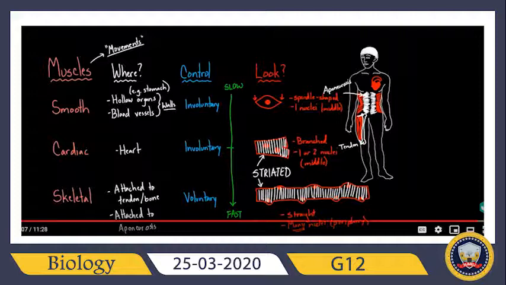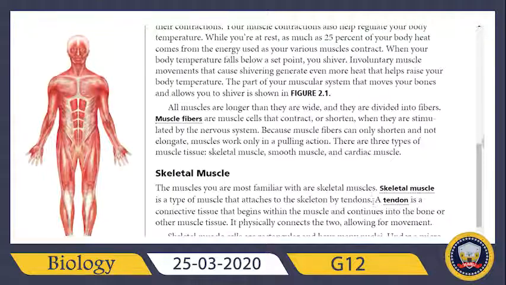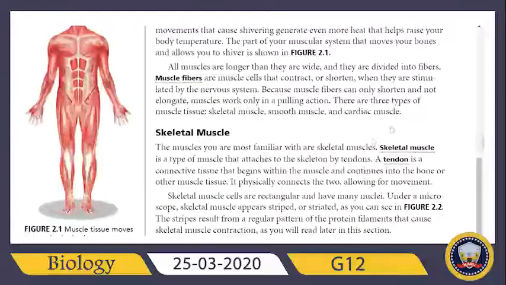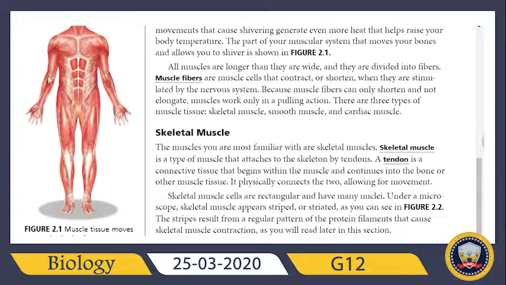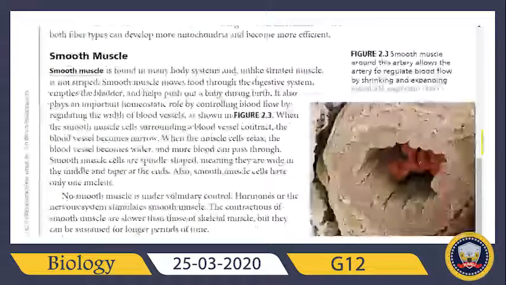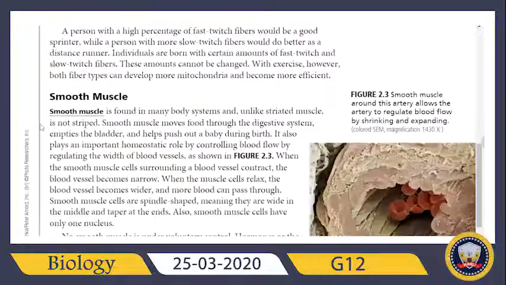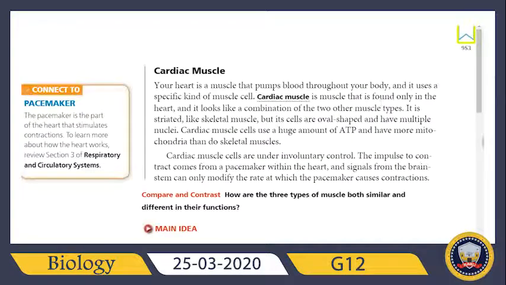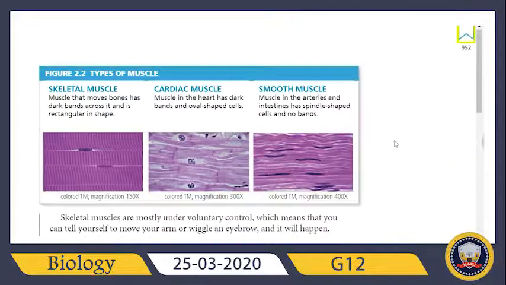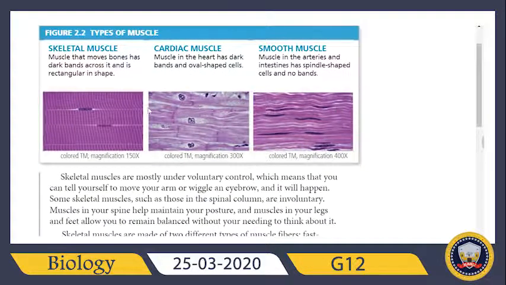Okay, guys, these are the three major types of muscles. To wrap it up: the skeletal muscle, we already explained this, and the smooth muscle and the cardiac muscle. So let's take a final look at the shapes of muscles.